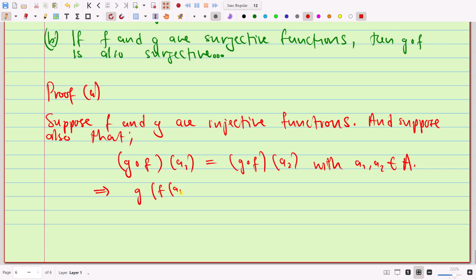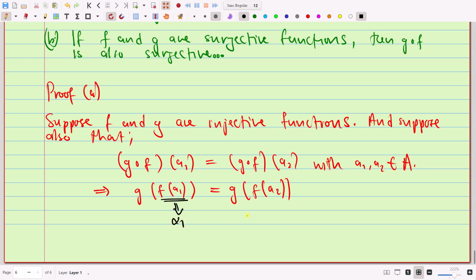If this is true, then what? So we can see now that this implies g of f of a1 is equal to g of f of a2. You see that?